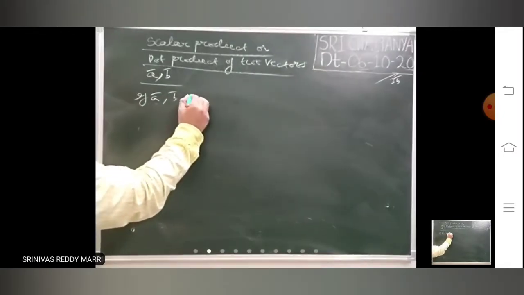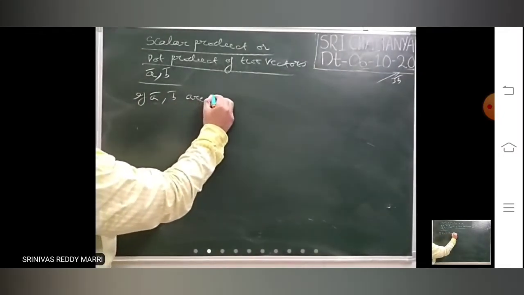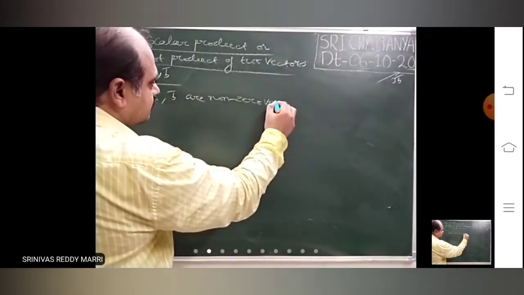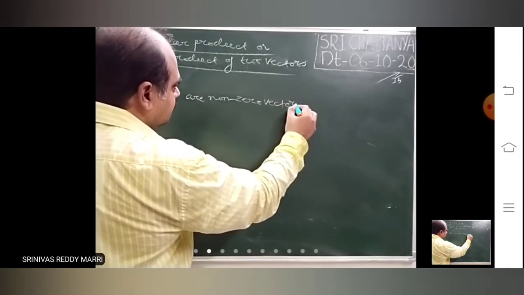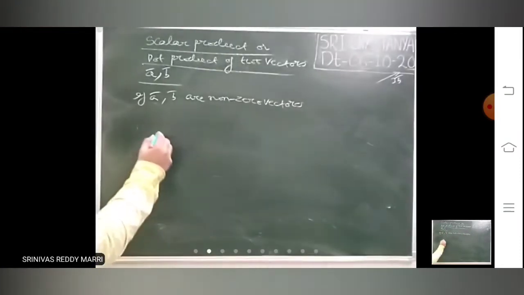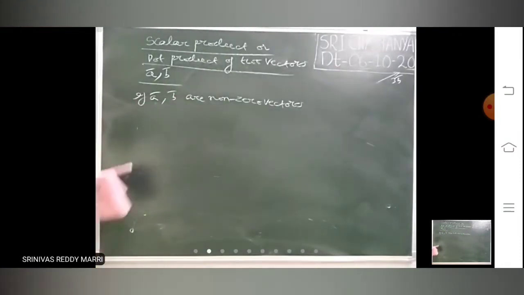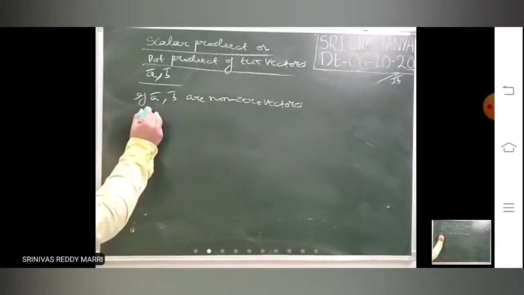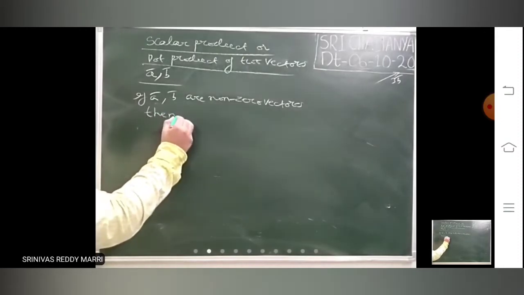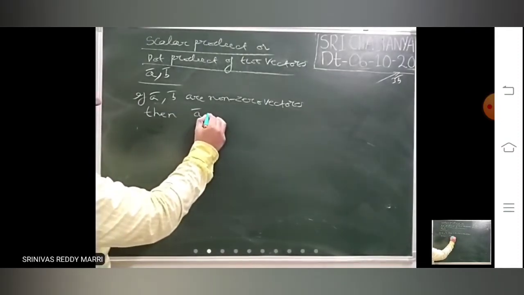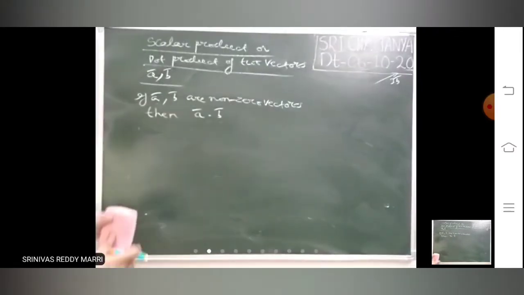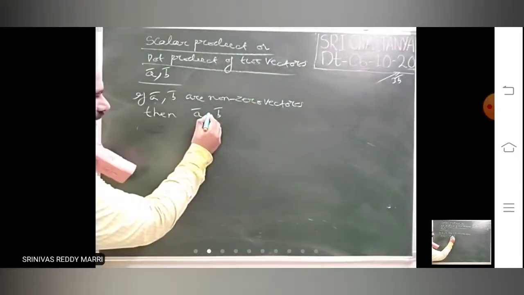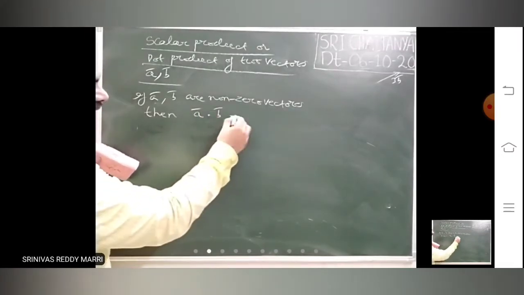If a bar and b bar are non-zero vectors, that means a bar cannot be a null vector and b bar cannot be a null vector, then the multiplication a bar dot b bar, where the dot means multiplication, results in a scalar.